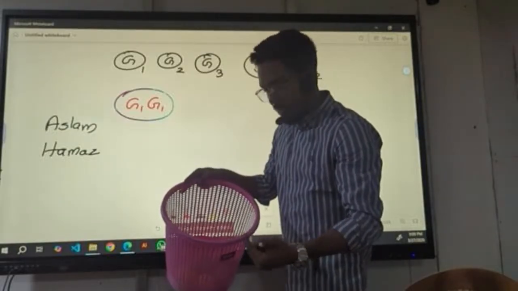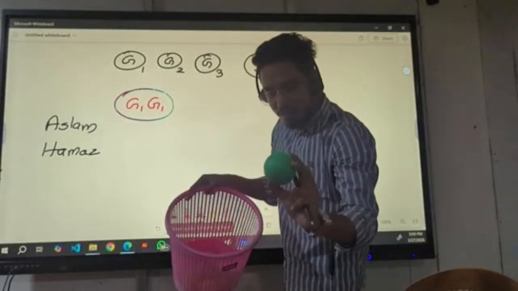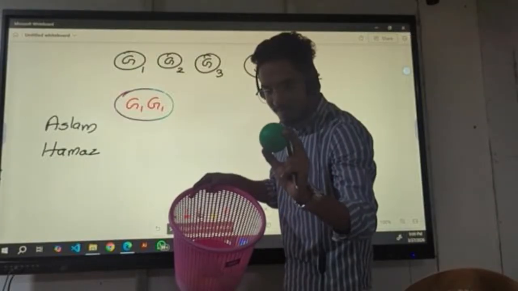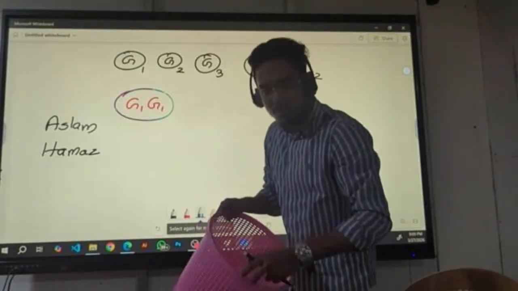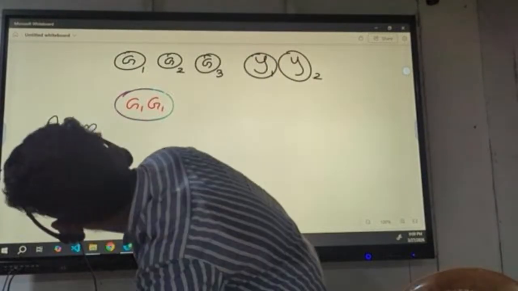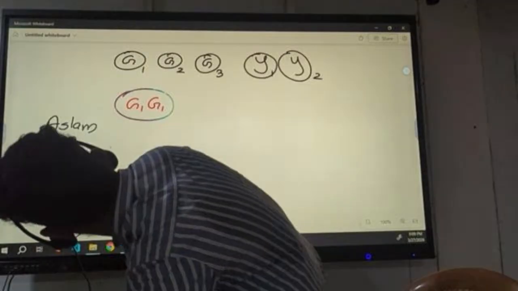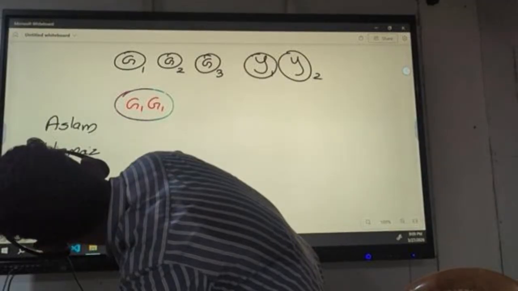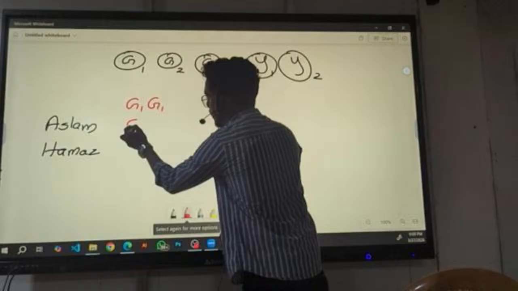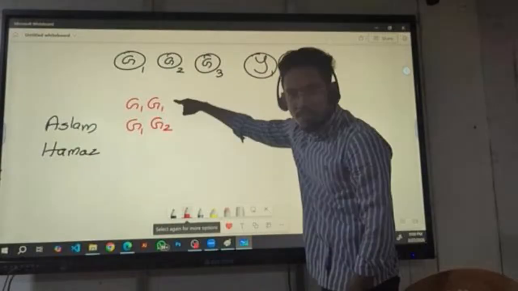Hama is coming. He is taking another green color ball, which is the green 2. Is it possible or not? That is also possible, which means G1, G2 is also possible. So either this can happen or this can happen.